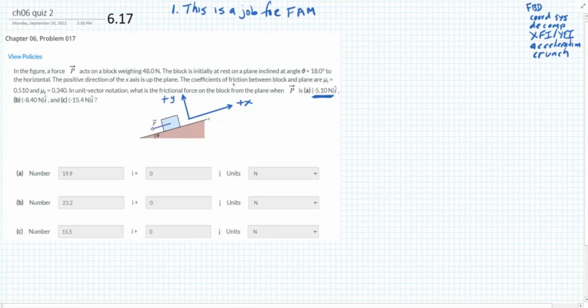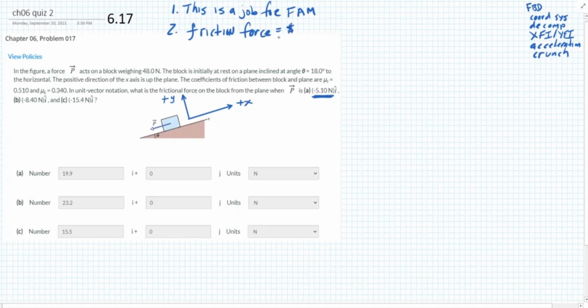I have friction, so I'm not able to ignore friction. And part A says, what is F sub S? So my dollar sign is friction. Friction force is the dollar sign.